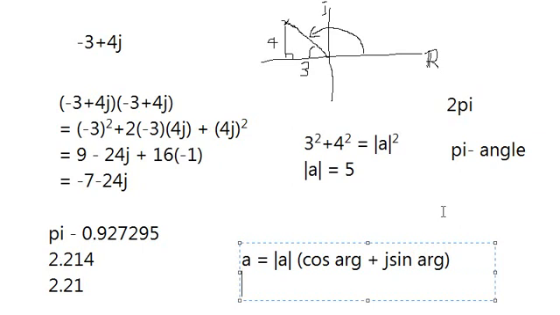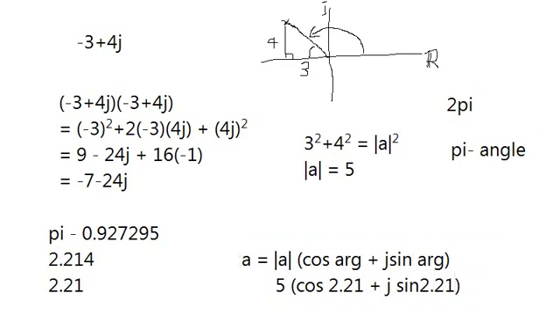And now you just substitute the values in, and you get 5 times cosine of 2.21 plus j sine 2.21. That is the final answer for this question.